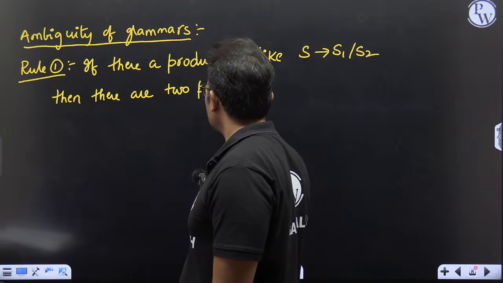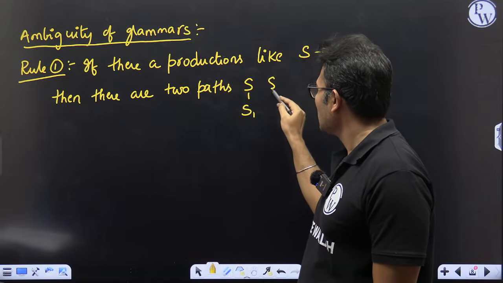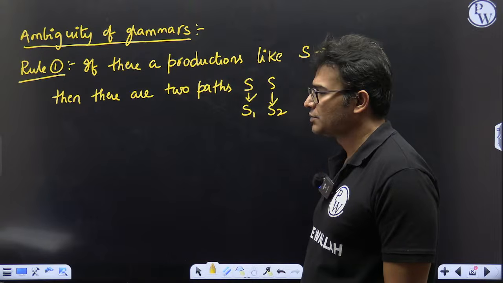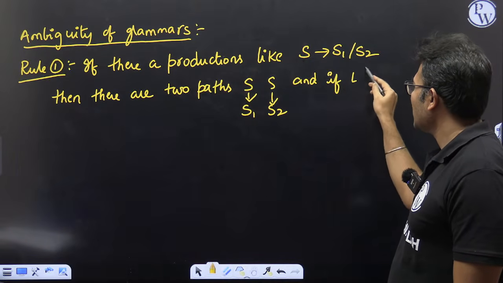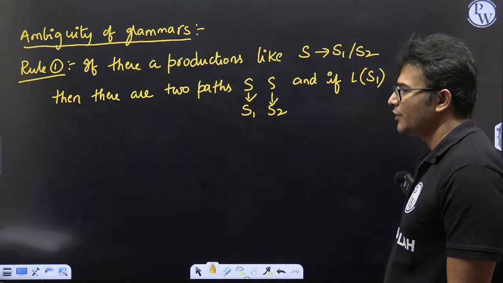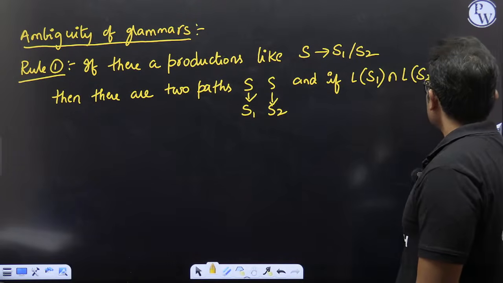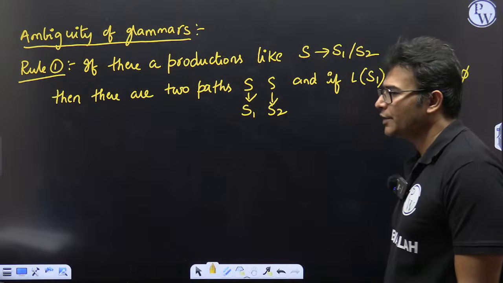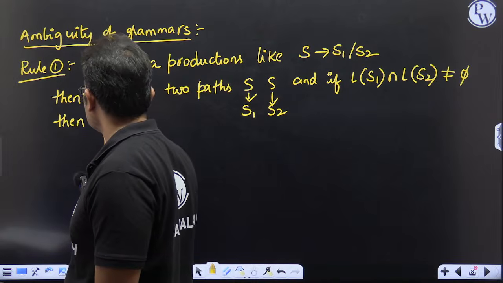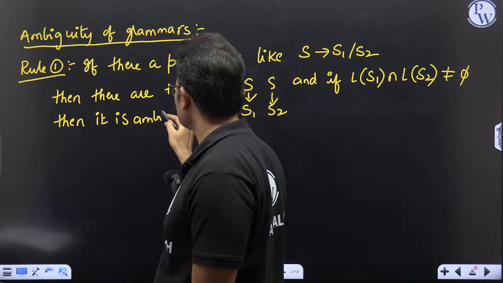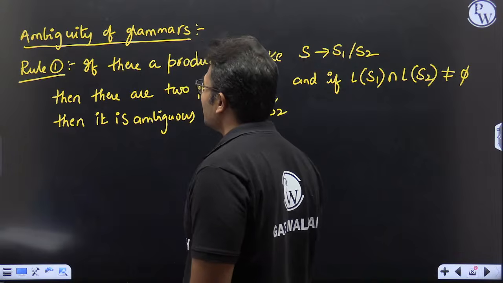S can derive S1 or S can derive S2. And if L of S1, the language generated by S1, intersection the language generated by S2, is not equal to phi, that is, if they are generating some common strings, then the grammar is ambiguous.